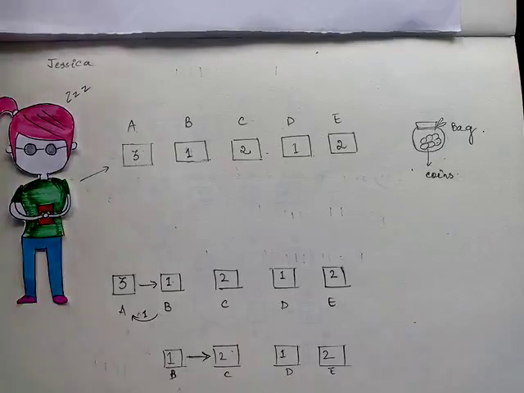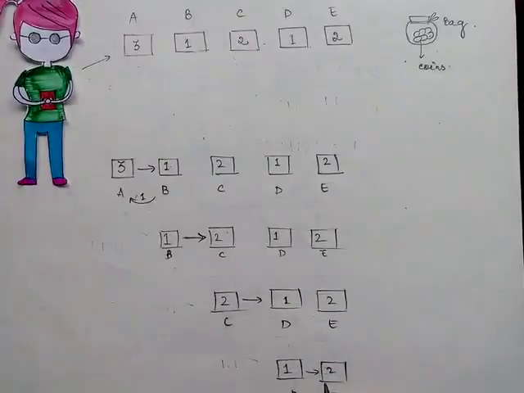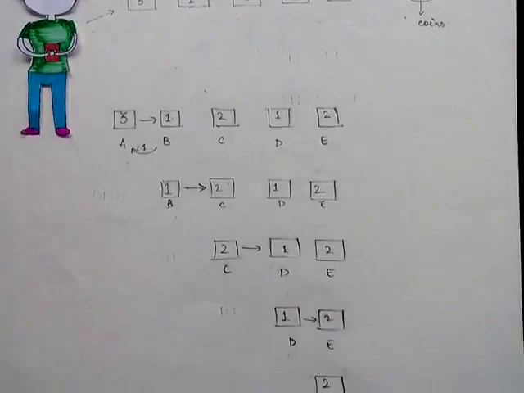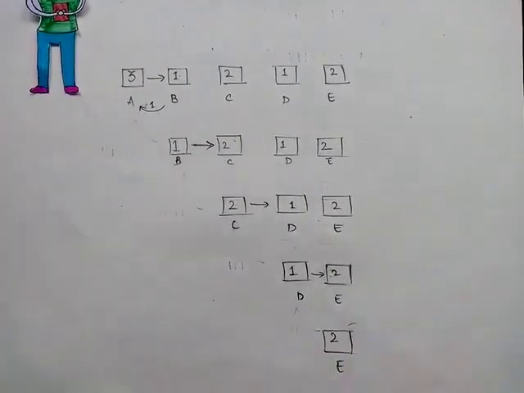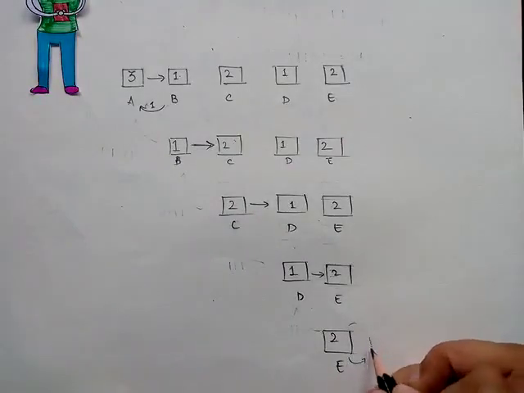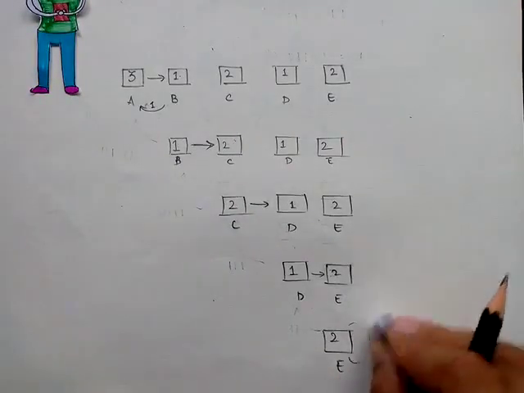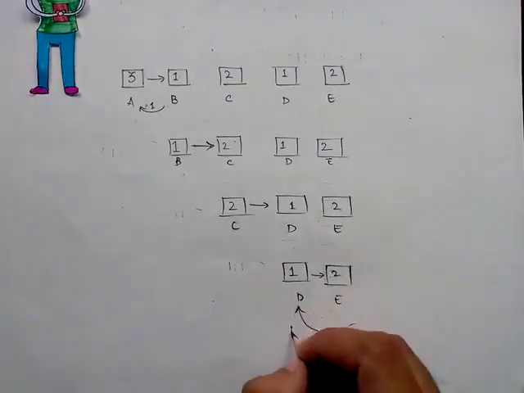Then person C asks person D, and person D asks person E, until it comes to person E. Person E says, I have 2 coins, but now there are no more people left. So person E says, I am the last person and I have 2 coins.